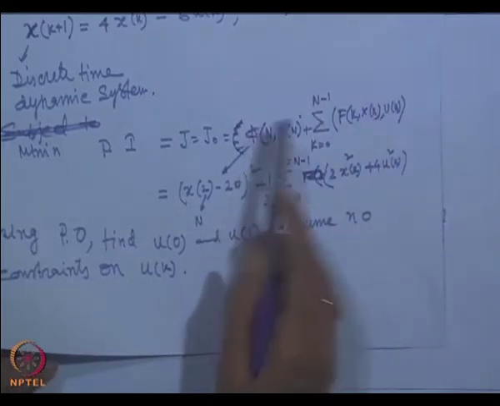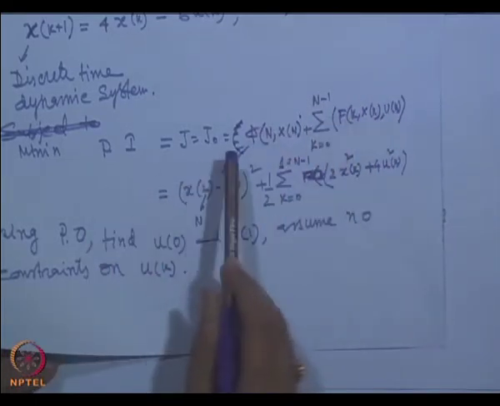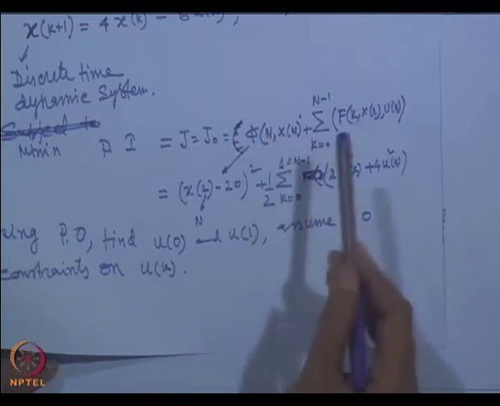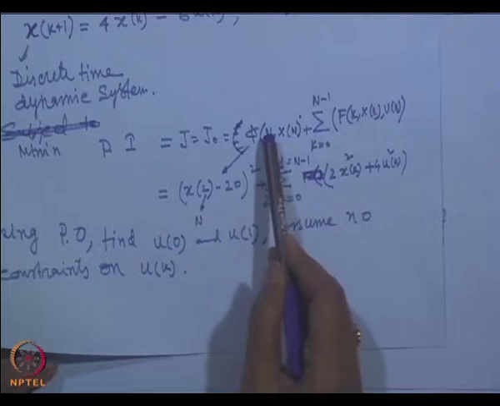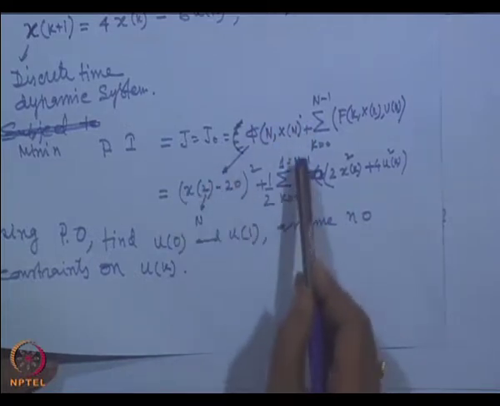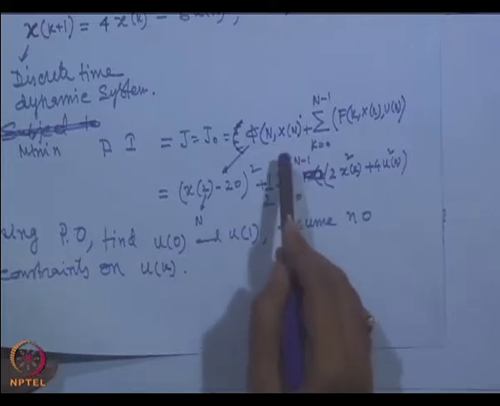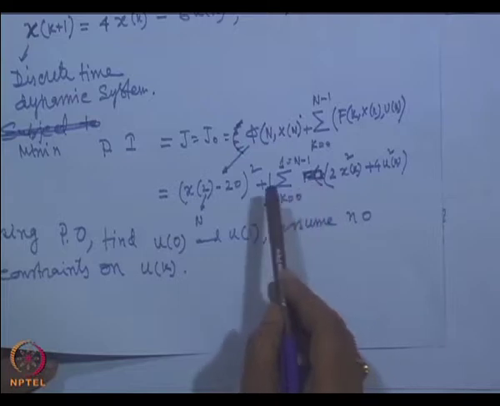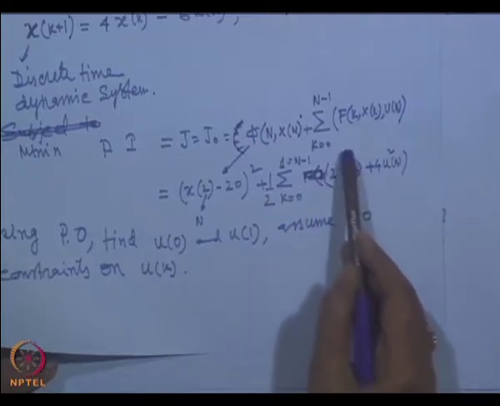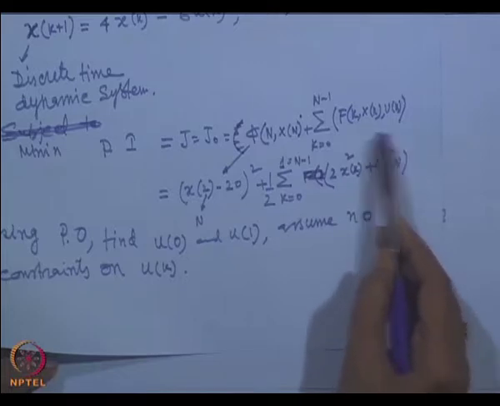If you see, for j equal to 1, phi of n, x of n is the terminal cost, which we know. Now k goes from 0 to 1, so for k equal to 1 this means 2 x of 1 whole square plus 4 u of 1 whole square.